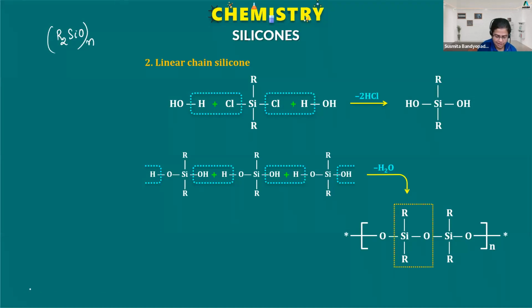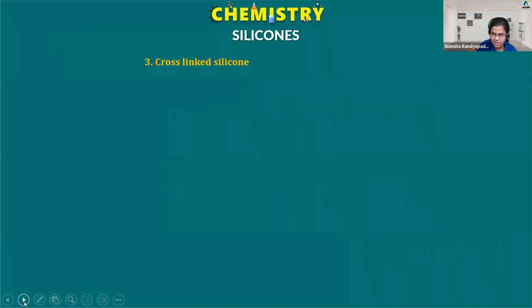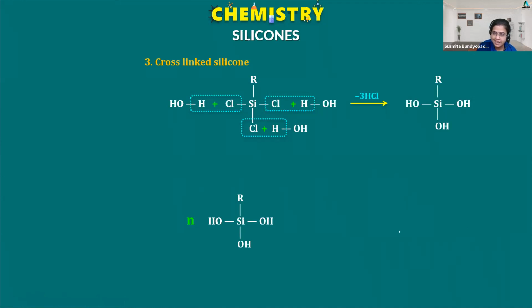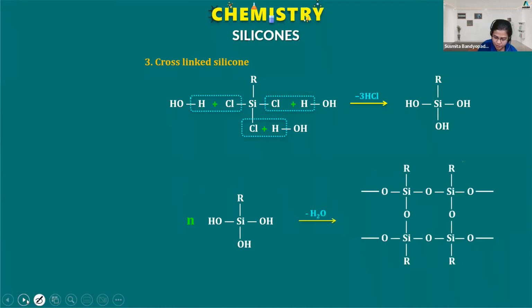Now, last. Once again, 3:30 we'll meet after the lunch. Yes. Cross-linked silicone. Suppose I have RSiCl3. It will give RSi(OH)3. Then you can remove water linearly and sideways also.